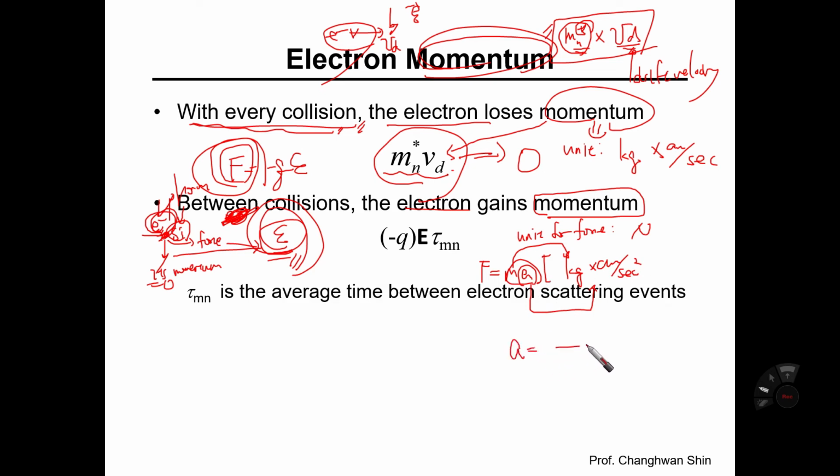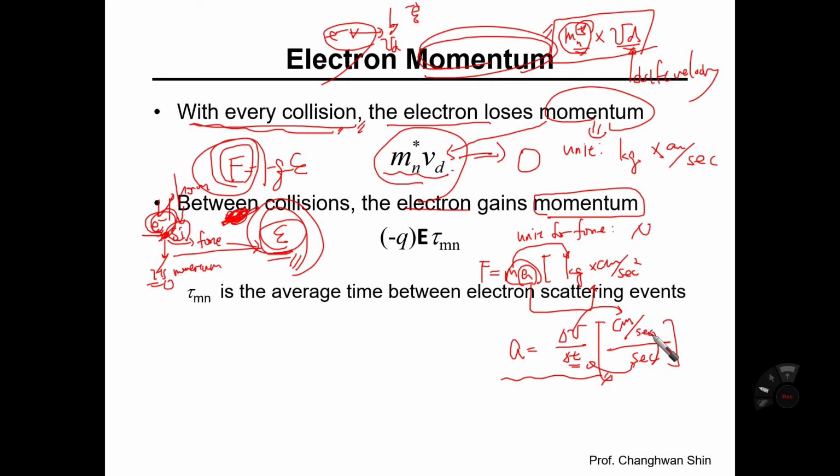So you know the unit for acceleration. Acceleration means, for a given time interval, how much velocity has been increased or decreased. In terms of unit, the unit for velocity is centimeter per second, and the time interval is second.